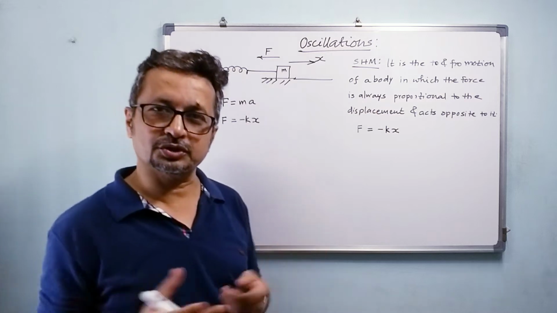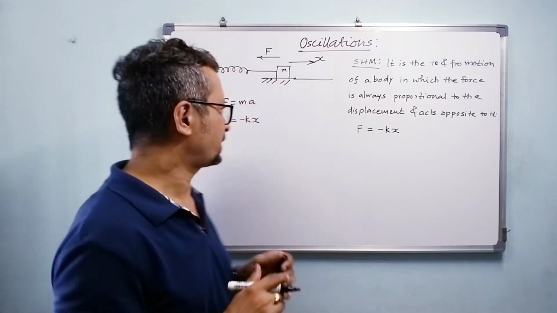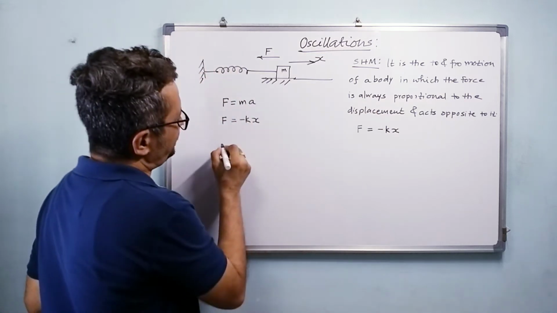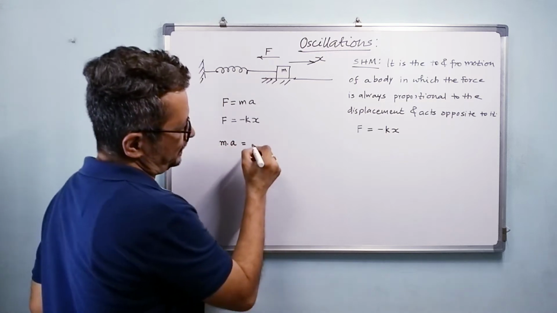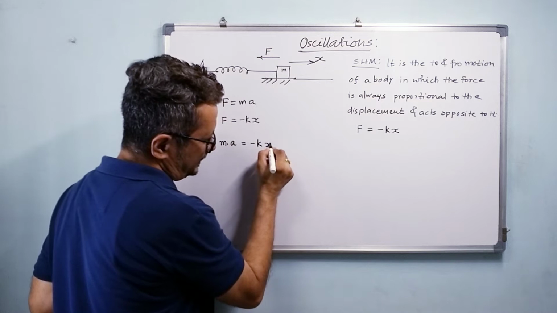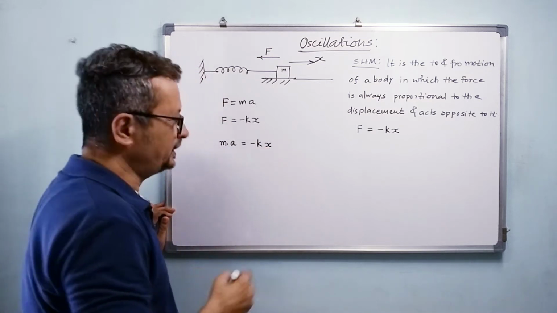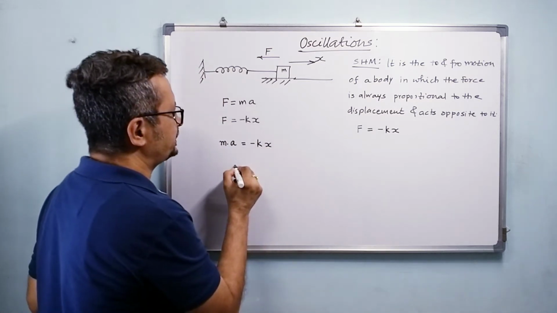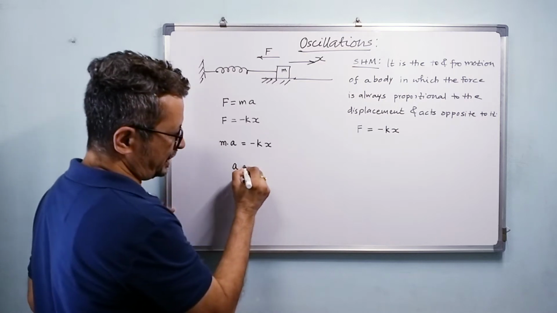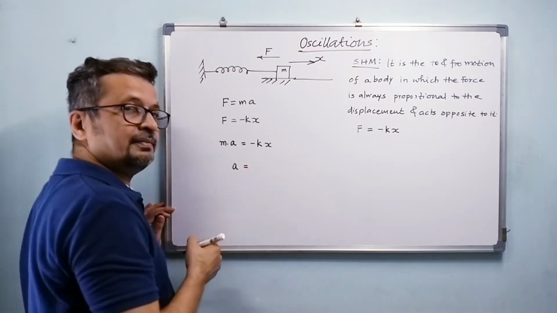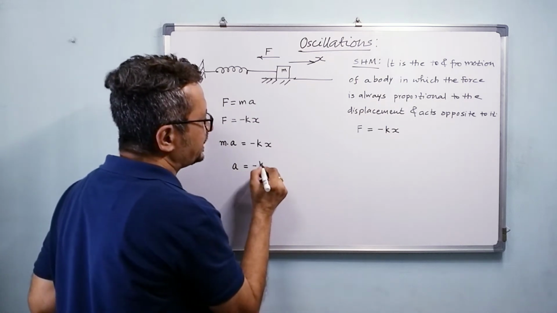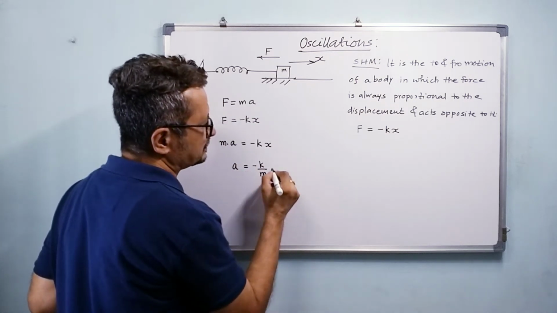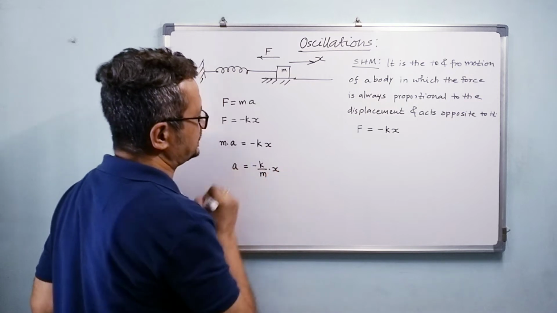Can I equate both? I can do that. So m into a is equal to minus k into x. If I take this m to the right hand side, it would be a is equal to minus k upon m into x.